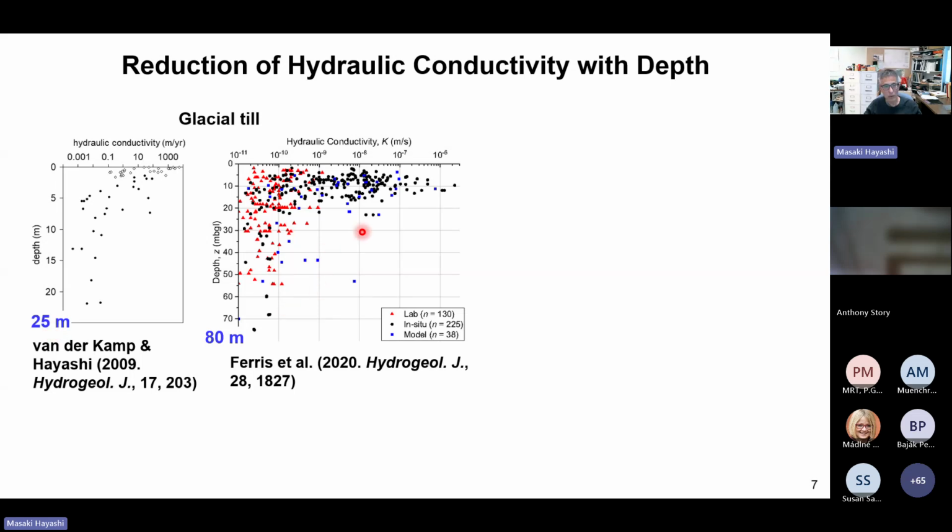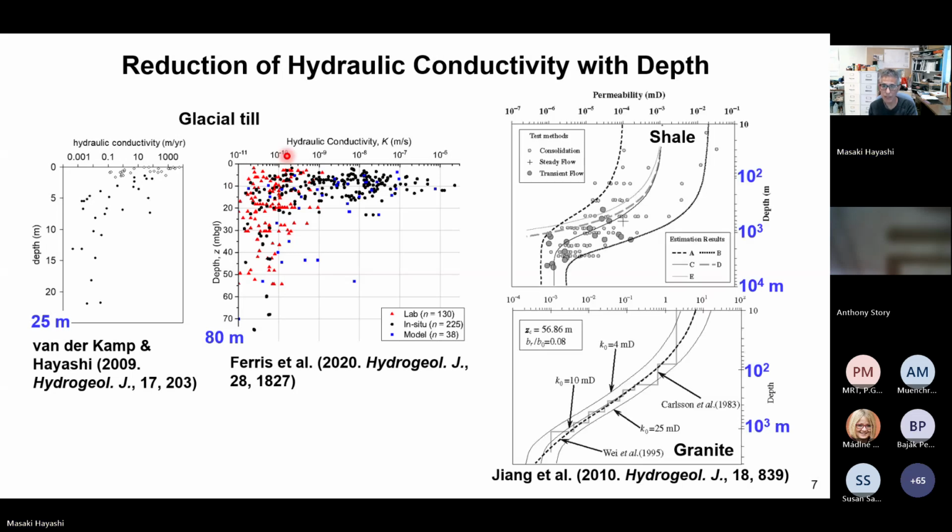This was a more recent work by David Ferris, Grant Ferguson, and others at the University of Calgary, still noting the same trend. This is for the unconsolidated sediments. And then Xiaowei Jiang did a lot of important work on this topic about 15, 20 years ago.